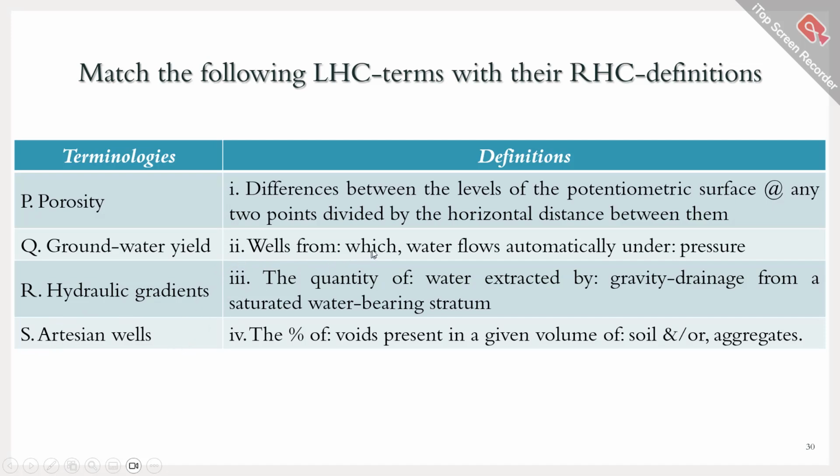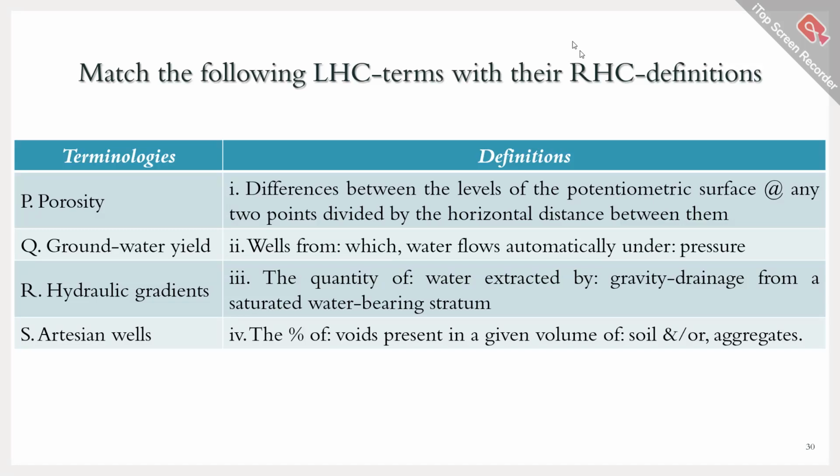Artesian wells are wells from which water flows automatically under pressure. We have also seen different types of artesian wells in our previous classes, and the real life picture of artesian wells, how it gets frozen in winter. We have defined it multiple times.